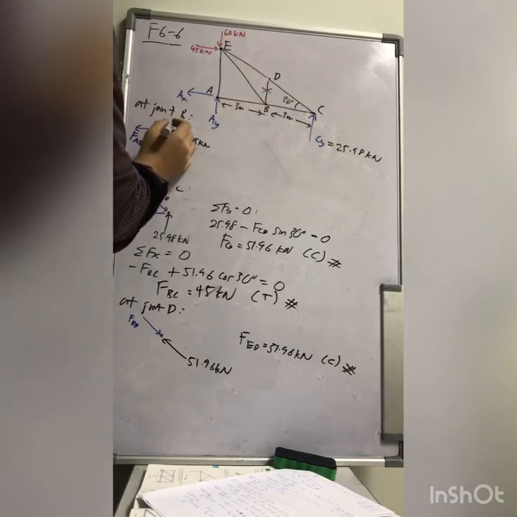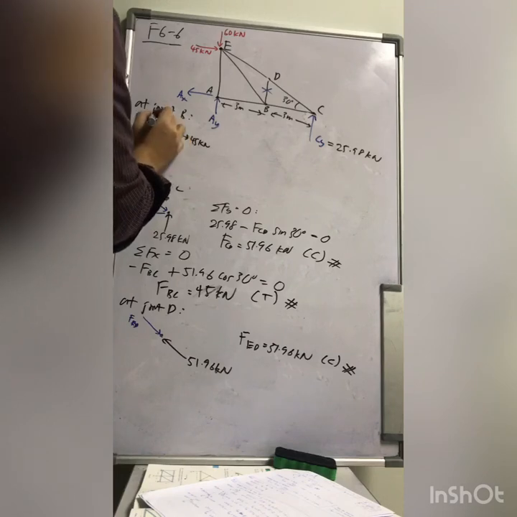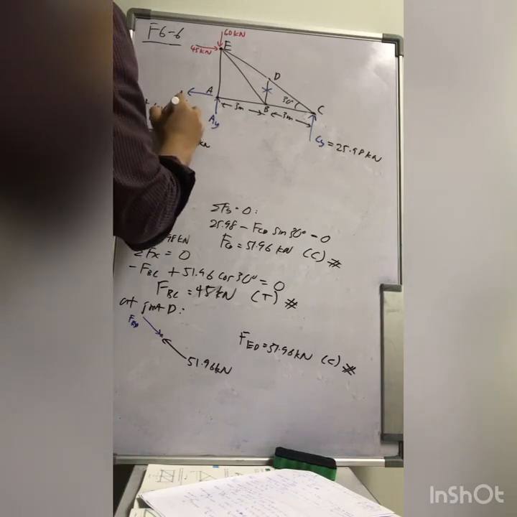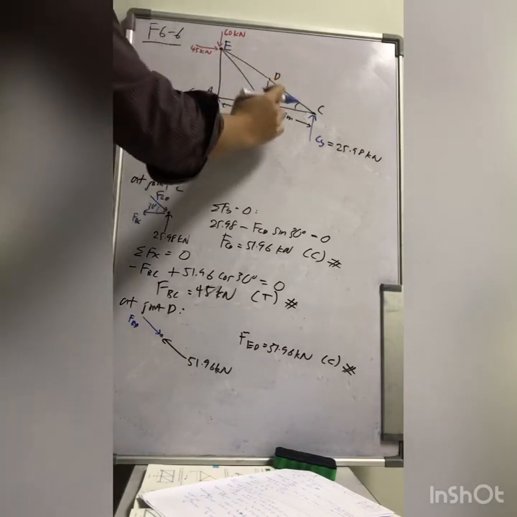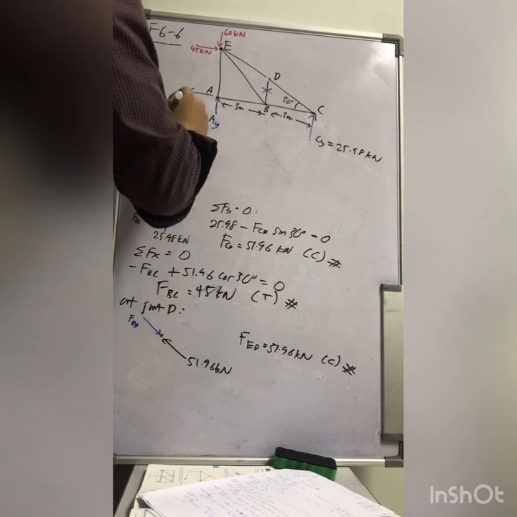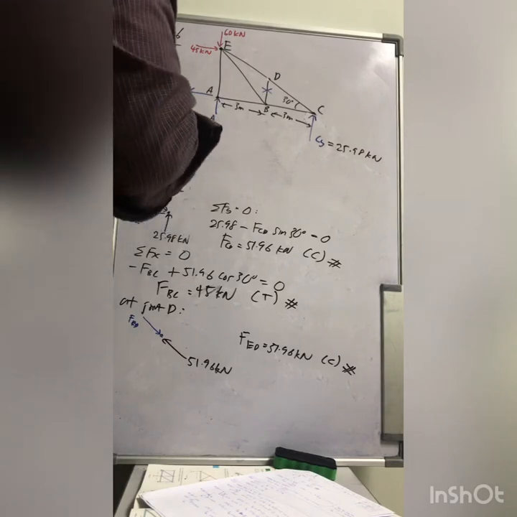Let's see, it goes up. Sorry, not BD. BD is this. BE. FBE. Right?